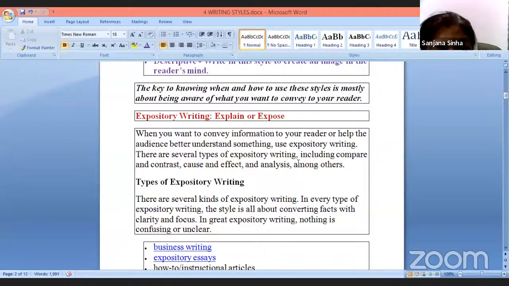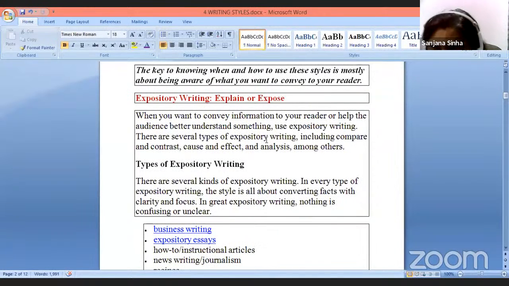We already did expository writing style. So when you want to convey information to your readers, or help the audience to better understand something, you are helping the reader to understand you better. Then you can use expository writing style.